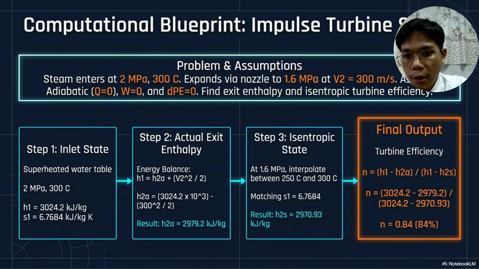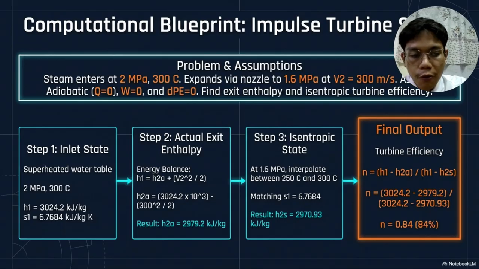At 1.6 megapascal, we interpolate the value between 250 degrees Celsius and 300 degrees Celsius in order to get S1, 6.7684.